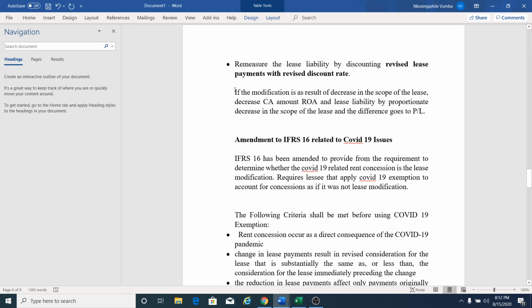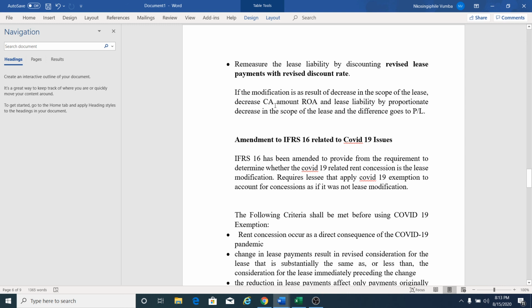But if the modification is a result of a decrease in the scope of the lease, you need to decrease the carrying amount of the right of use asset and the lease liability by the proportionate decrease in the scope of the lease, and the difference between those two goes to P&L.